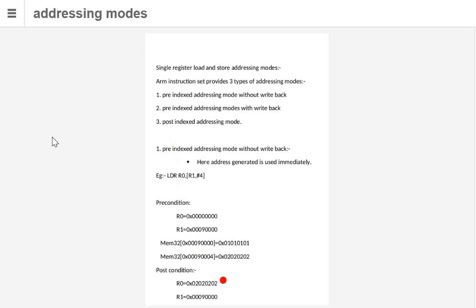And then after that, your R1 will always have the initial value. That means 9000 is the initial address of R1, the base register, and it will remain as it is in the case of pre-index addressing without write back. Without write back means you are not going to modify your base register after executing the instruction. So that is about pre-index addressing without write back.